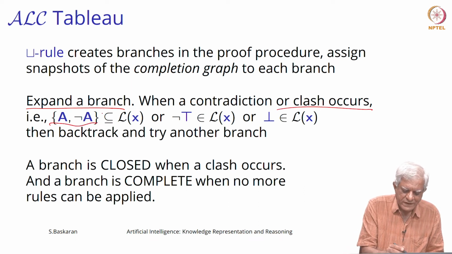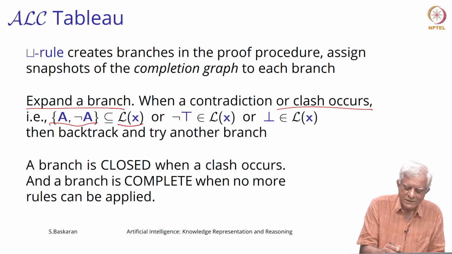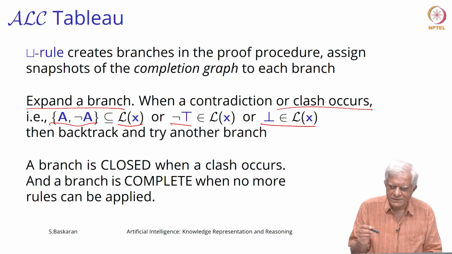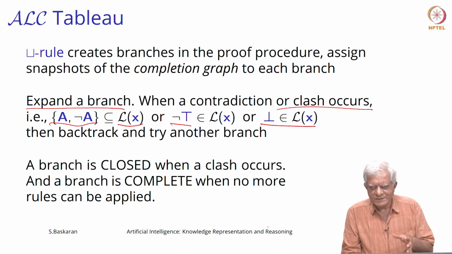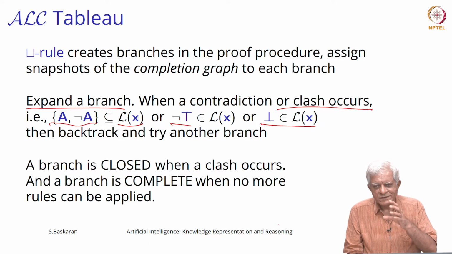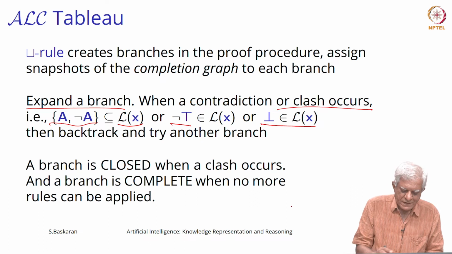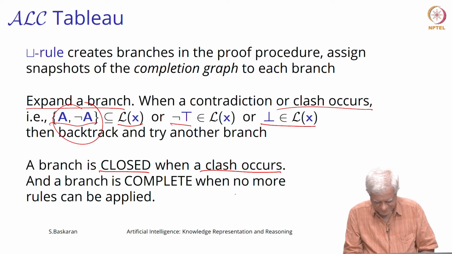That is, you have A and not A, two concepts that belong to the label set for X, or bottom belongs to the label set of X, then backtrack and try another branch. So, essentially we are looking for a satisfying assignment or a model. A branch is closed when a clash occurs, which basically means it has something like A and not A inside, and a branch is complete when no more rules can be applied.